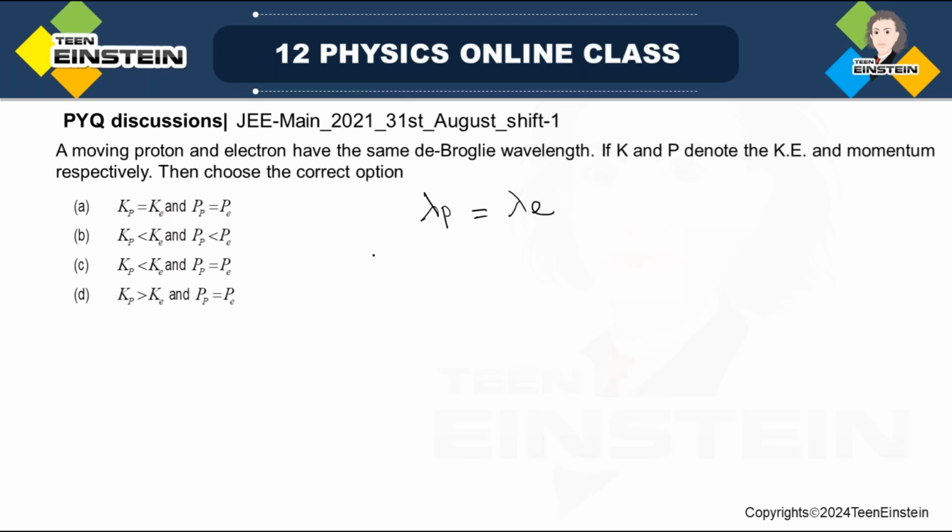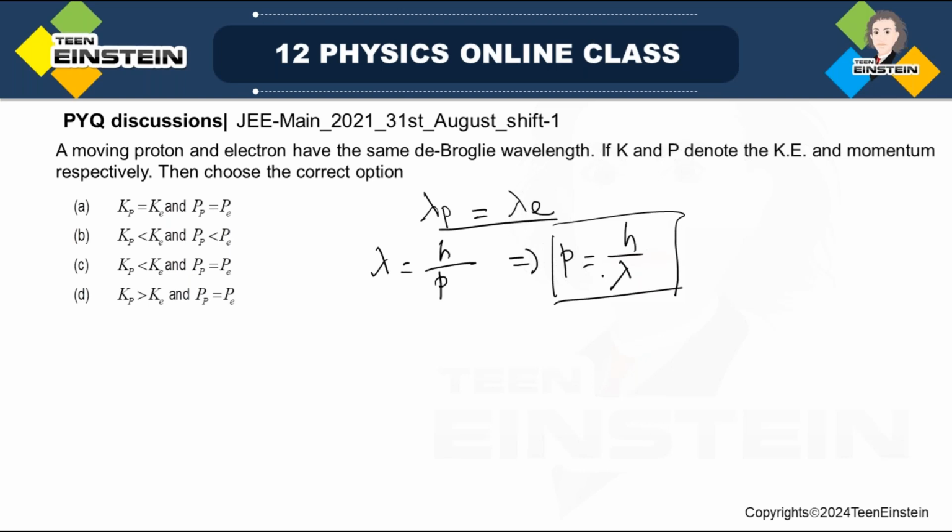So we know lambda is equal to h by p. Since wavelengths are same for both of them, the linear momentum is going to be same.